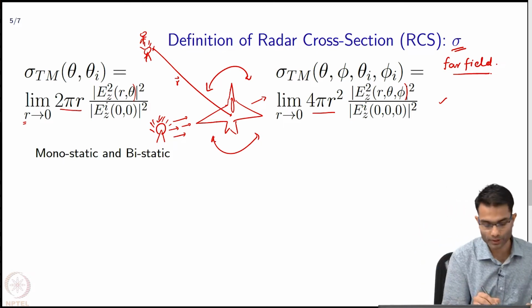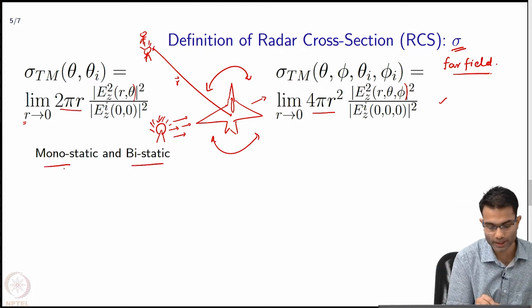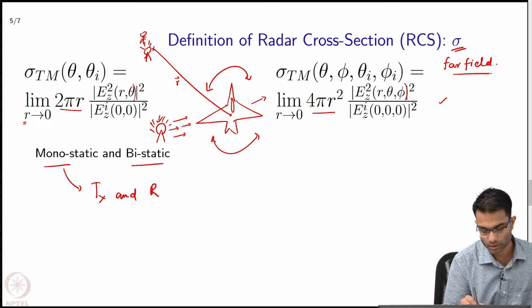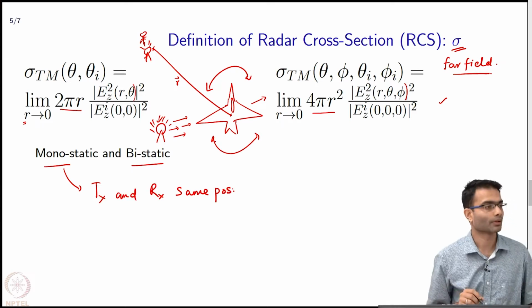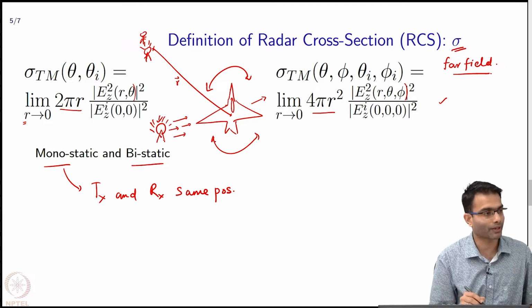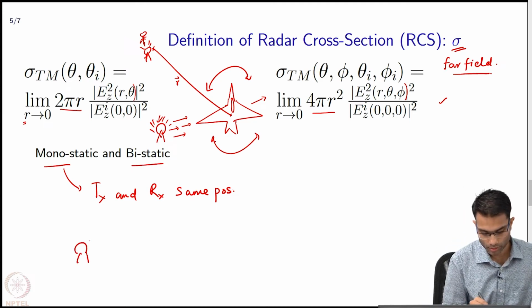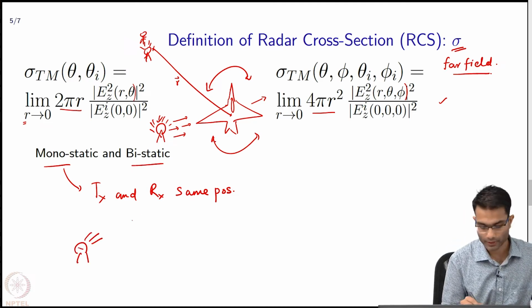Those are two different imaging modalities. Monostatic means transmitter and receiver are at the same position. This air traffic controller sends a wave, and the object is over here.